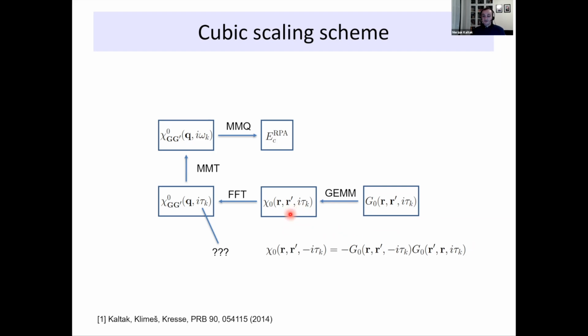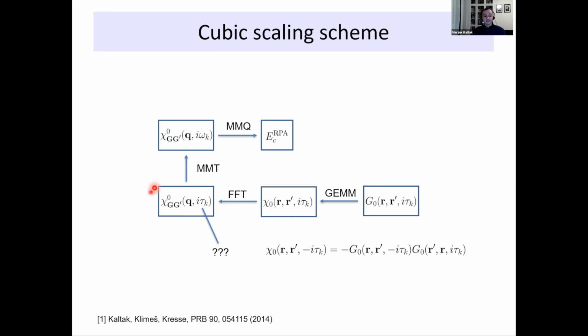Then we need to transform this polarizability in space-time into the reciprocal space and imaginary frequency domain. This is done in 2 steps. The first step is performing the transformation to reciprocal space using an FFT, which is done on a uniform grid.